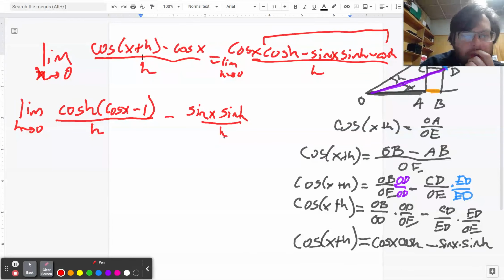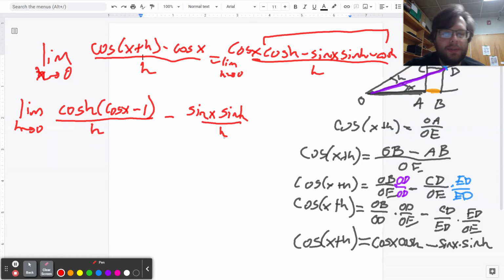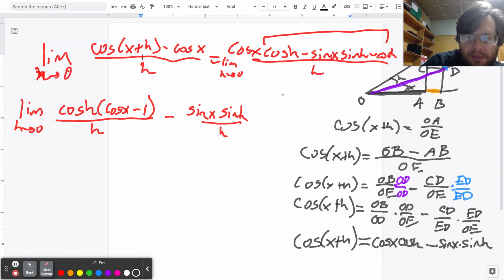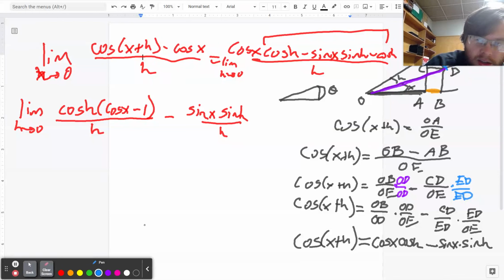Over h. Okay, and in the last video, you can watch again, we used the small angle approximation, which is the idea that if you have a really small angle, the arc length of theta, I'll do it in blue, the arc length of theta is practically the same as the vertical part, sine.